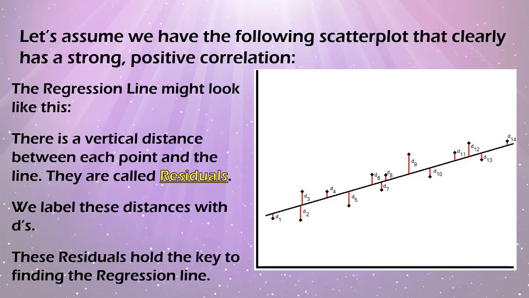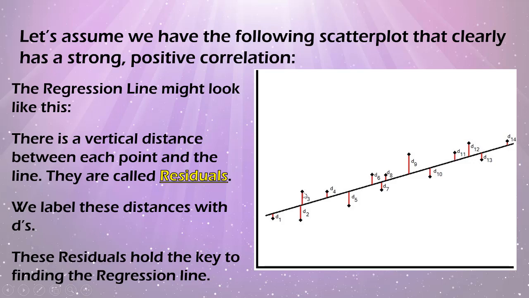What the y hat value is, it's the value of the y coordinate of the line for the same x value as the point. So you'll notice if you look at, for instance, D3 here, D3 on the graph is above the line. So it has an x coordinate and a y coordinate.